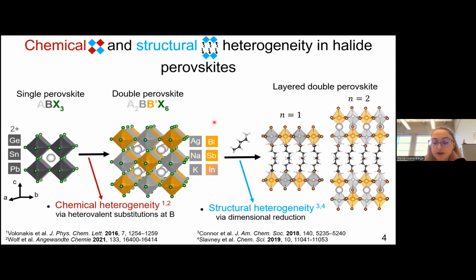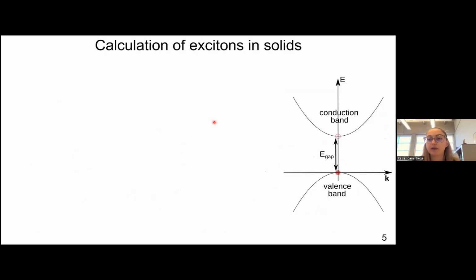But yeah, talking about excitonic properties, we first have to know what an exciton really is. And for this, I always use this very simplified scheme to explain what we think of when we say exciton. This is a representation of a semiconductor with parabolic bands, and those are the parabolic bands.